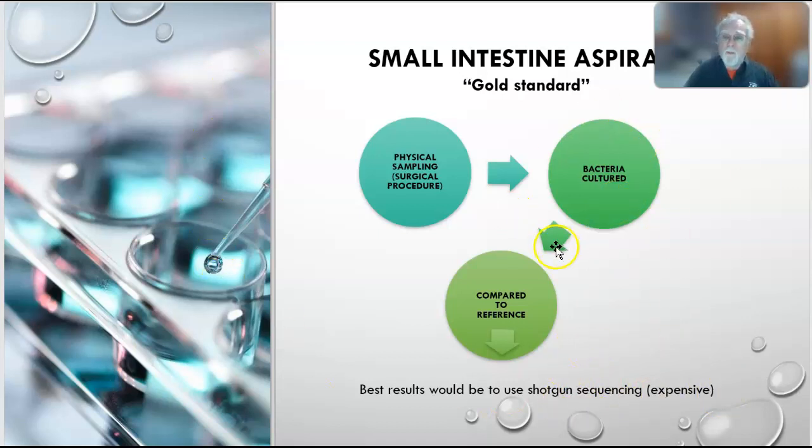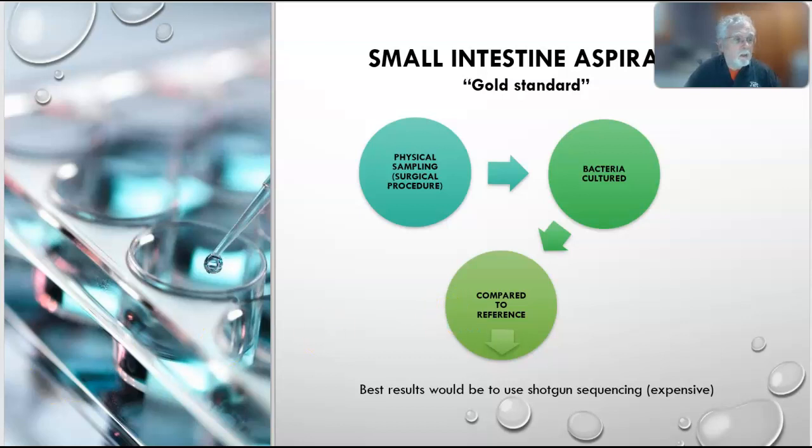This whole thing becomes very expensive, not what an insurance company is likely to pick up, which means you are looking at thousands of dollars to get the testing done. And you may or may not have useful information because you need the reference. If you don't have the reference, the information is, you have so much. Okay, is that normal? Is that abnormal? Is that an overgrowth or is that normal growth?